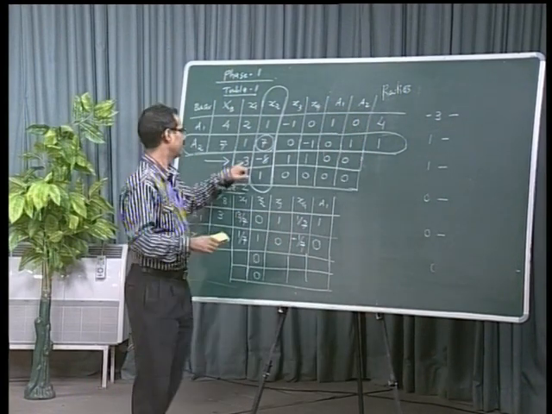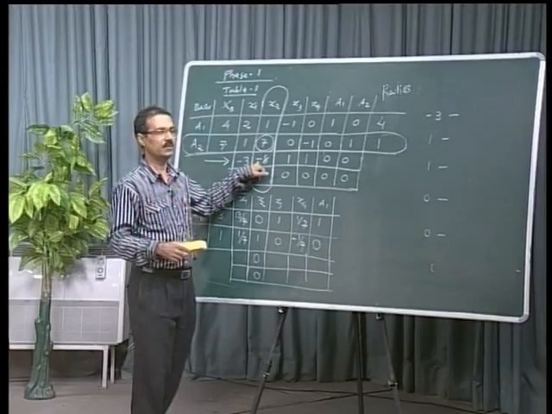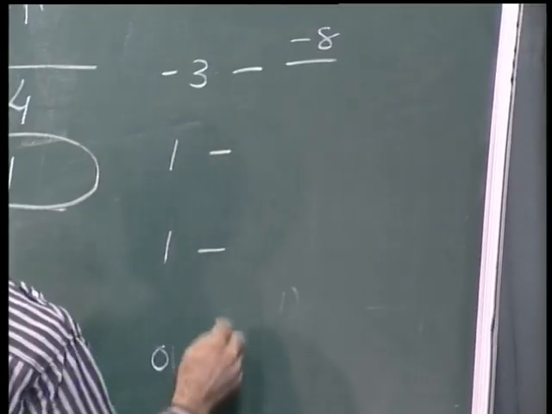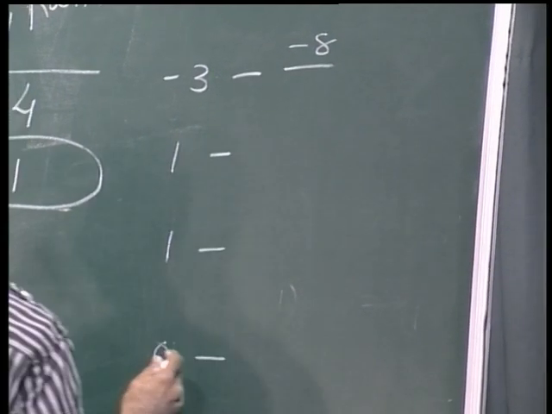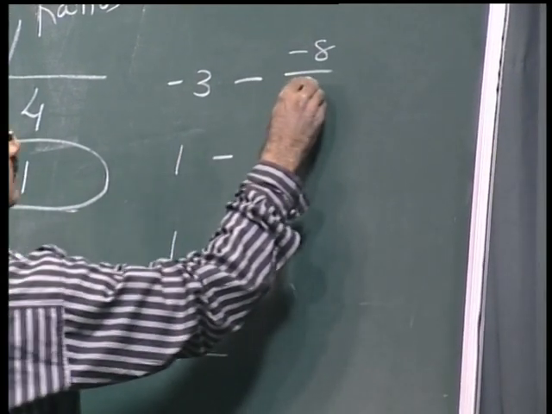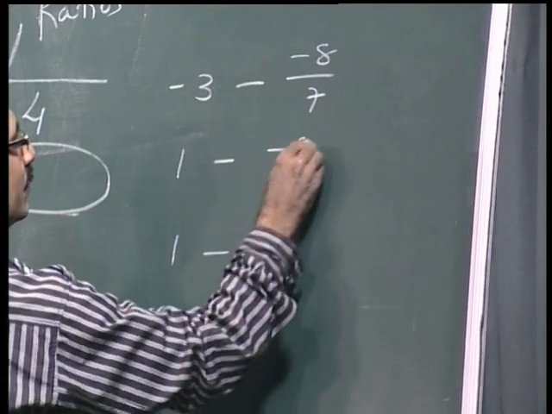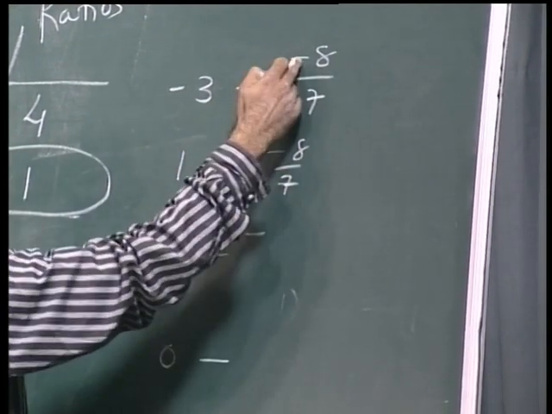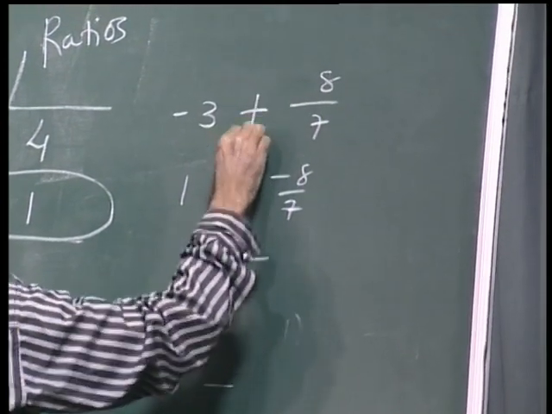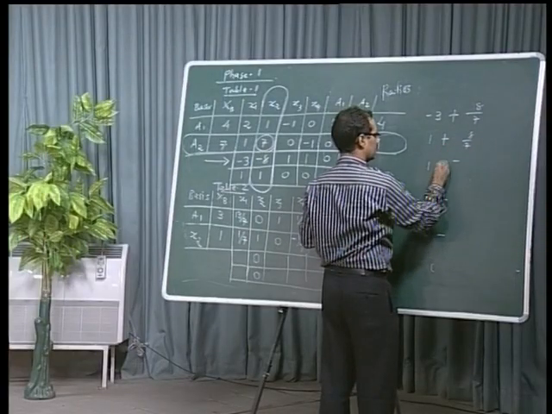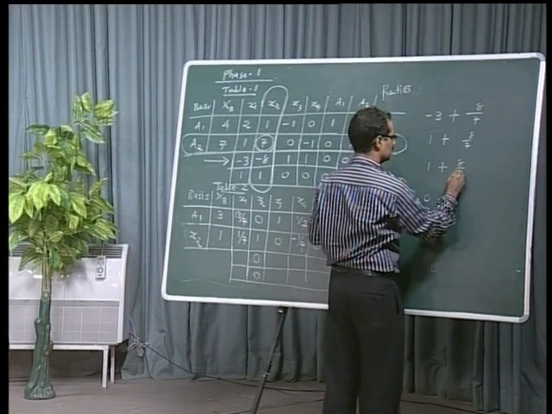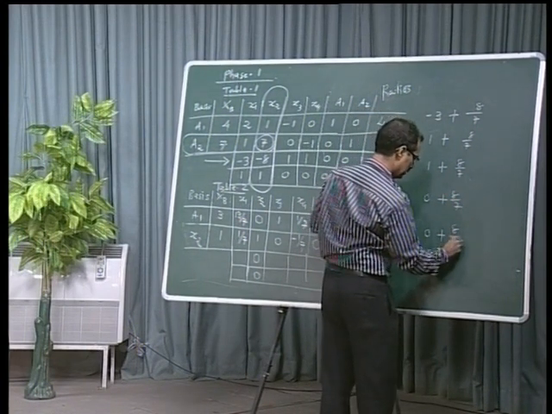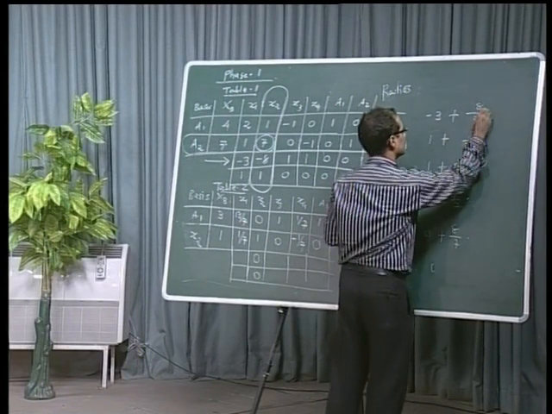Okay. The element which we did not write is minus 8 and we should write it now. So, minus 8 divided by the leading element. Okay. The leading element is 7. So, minus 8 by 7. So, in fact, minus 8 by 7 we can make plus 8 by 7, multiplied by the corresponding elements.